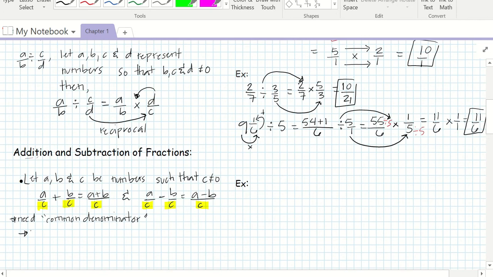If we don't have the common denominator, if we don't have the same denominator on the bottom, then we need to find the LCD.